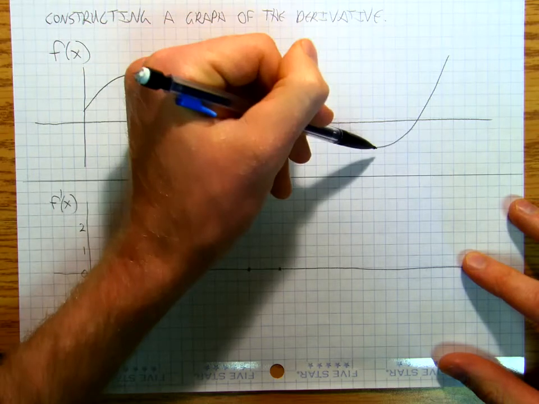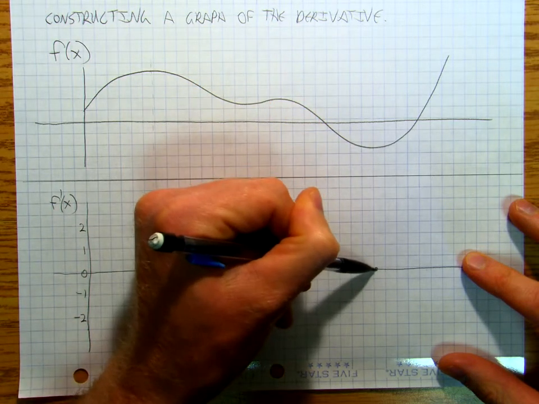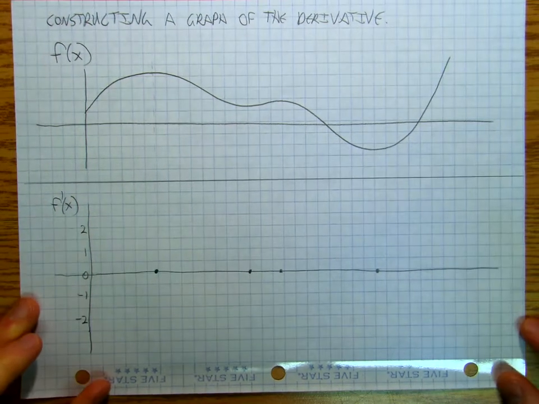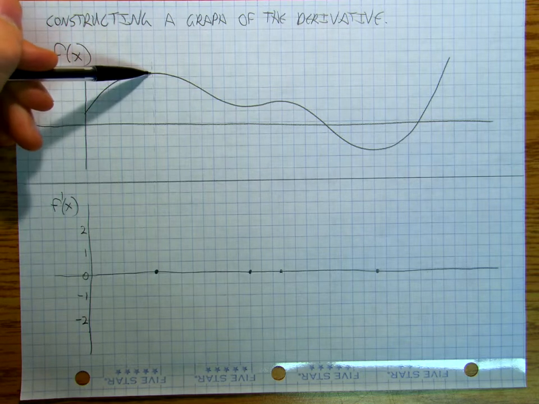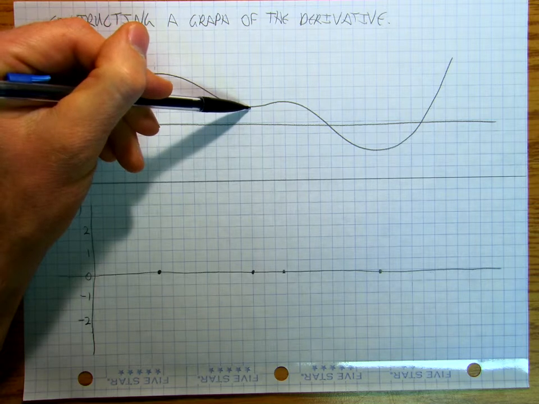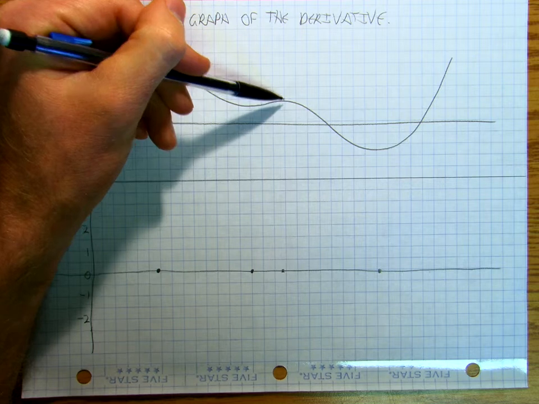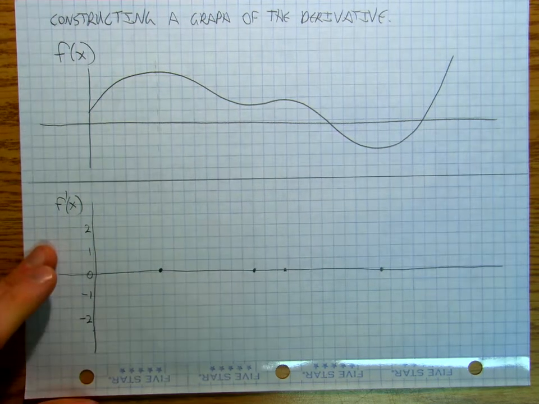And then finally, right about there, that's where my function has another slope of 0. So the places where my function has a slope of 0 are the top of this hump, the bottom of this little small depression, the top of this really small hill, and then the bottom of this depression here.